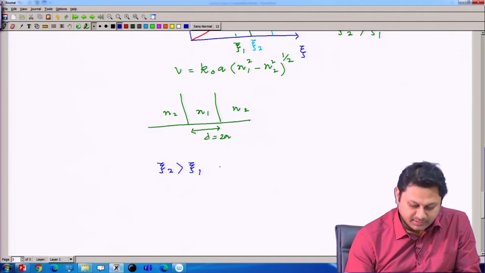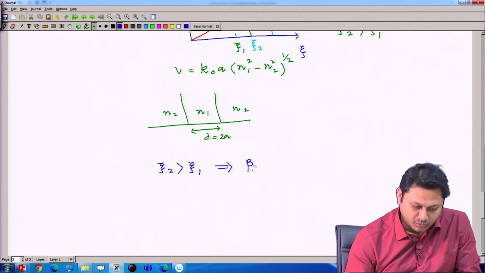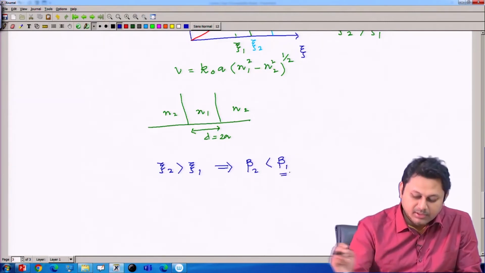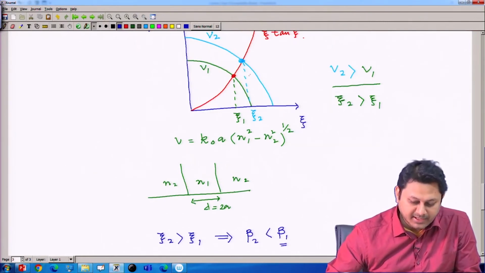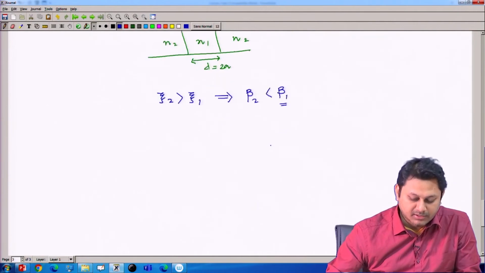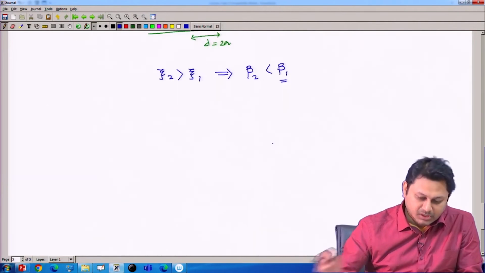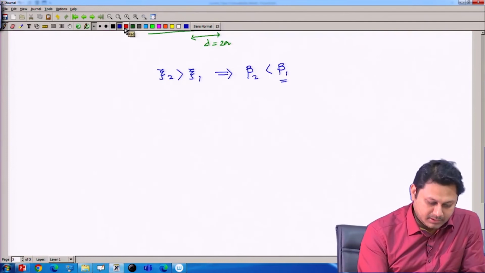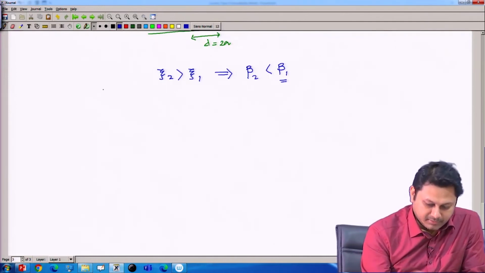If xi 2 is greater than xi 1, then it follows that beta solution for 2 is less than beta solution for 1. So, beta 1 will be greater than beta 2. In the second case I should have another beta, but that beta is lower than the previous one. Let me write whatever the findings are.